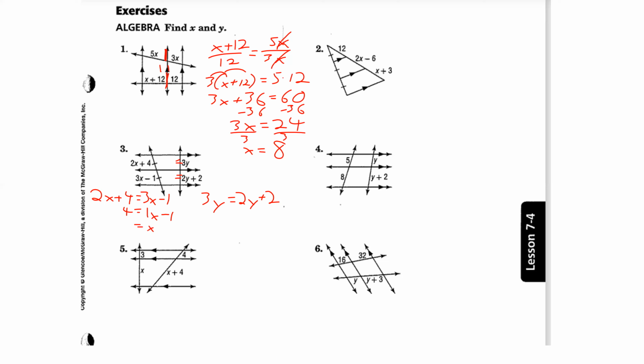That's going to bring us 5. Right? So x is equal to 5. On the other one, bring 2y over to the side by subtracting it. Leaves us with 1y, which is y. So y is equal to 2. Again, some of these we can get away without setting up proportions. If you have a congruent symbol in there, then again, that makes it a little bit easier.